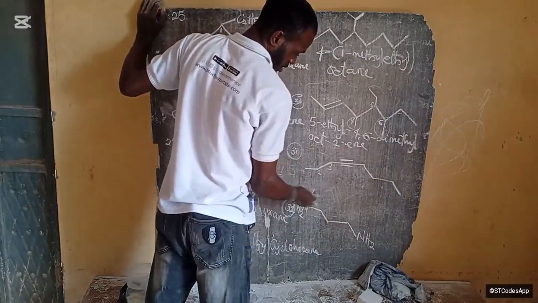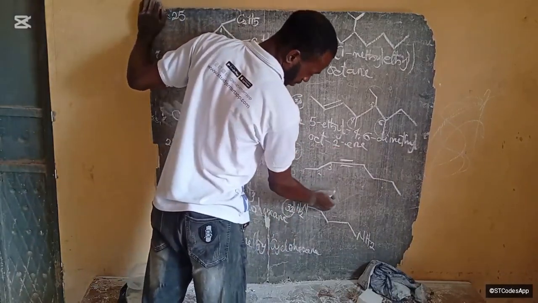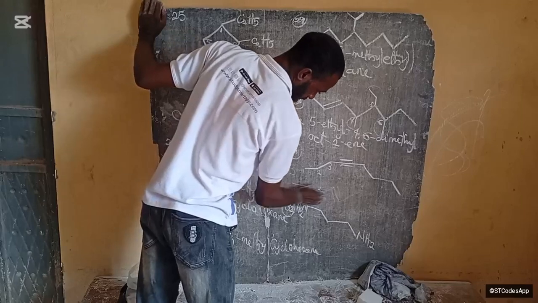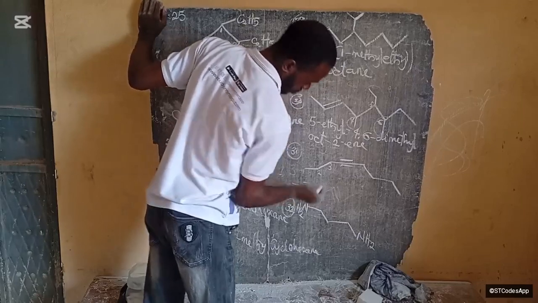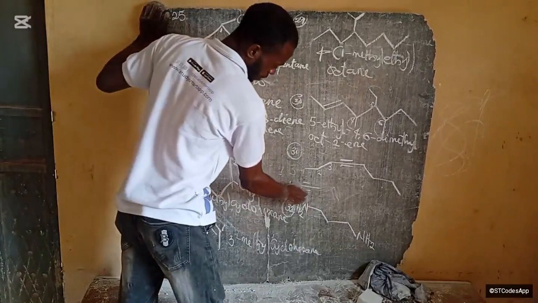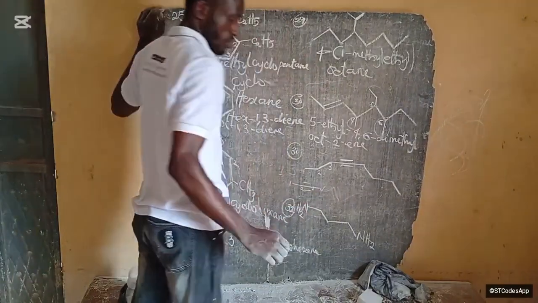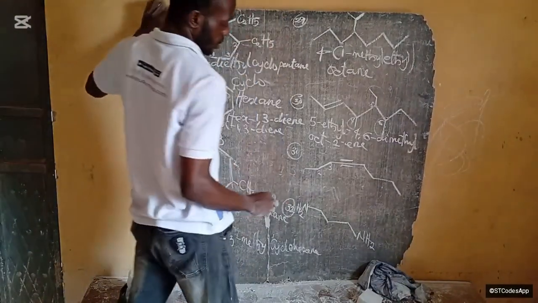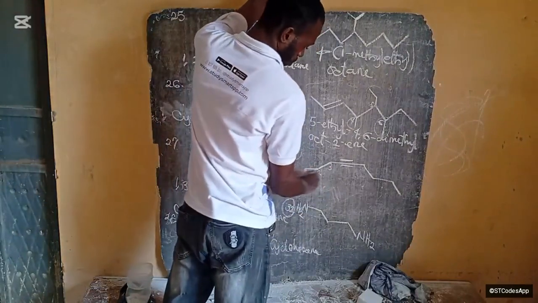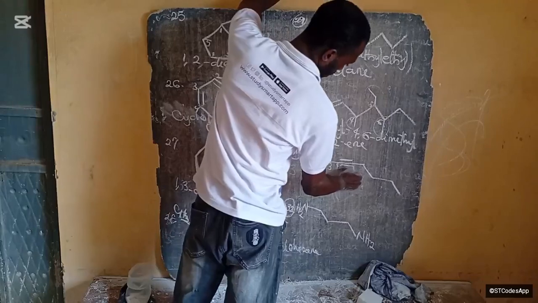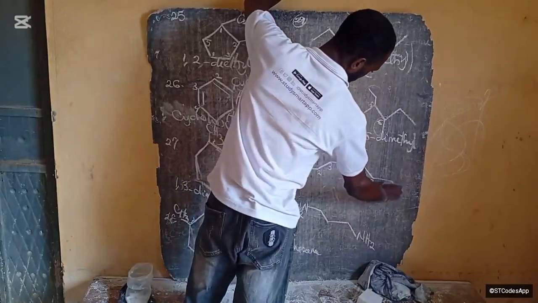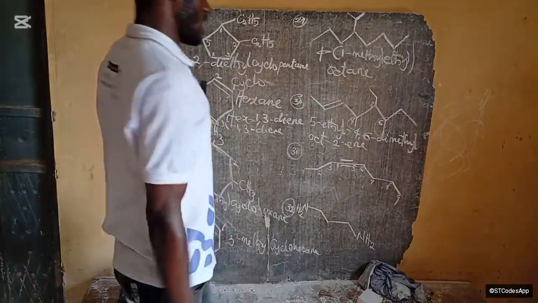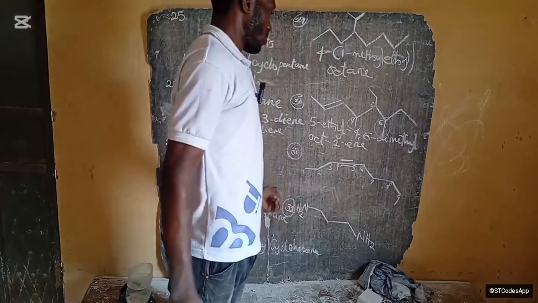You understand? So if you want to draw this thing I just drew here, there will be no kink here. Just go directly like this. So this will be carbon 1, carbon 2, carbon 3, carbon 4. Is that okay? And in this case, we'll have 1, 2, 3, 4, 5, 6, 7, 8, 9, with no substituent attached. Let's say there was a substituent attached here, we'll still go in this direction.